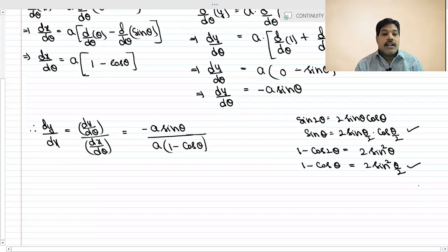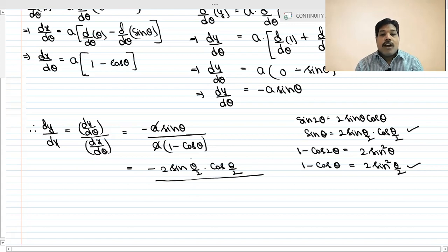So what will we get? Here a will be cancelled, students. So you will get minus sine theta. What is sine theta? 2 sine theta by 2 into cos theta by 2, whole by 1 minus cos theta, which is 2 sine square theta by 2.